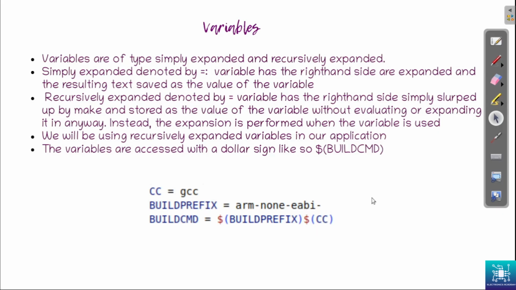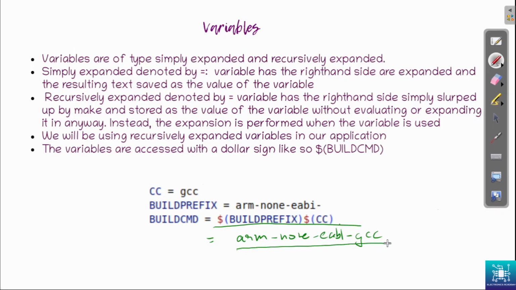So if you have to access the variable, this $(BUILD_PREFIX) is arm-none-eabi, and then $(CC); since you have a dash here, it becomes arm-none-eabi-gcc, and this string is just added as gcc here. So you can add the strings like that. Okay, so eventually you get a string like this. Now if you have to access the build command again, you have to give a dollar build command. So it should be dollar.